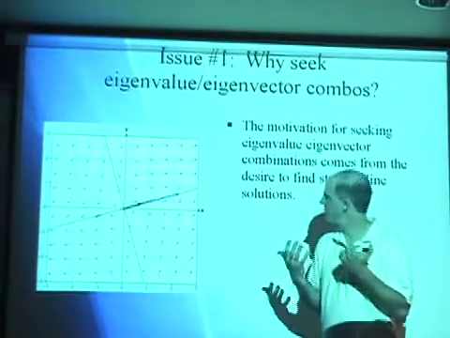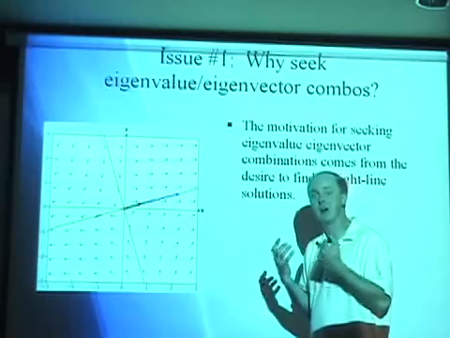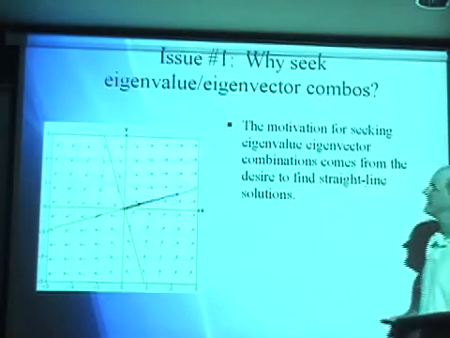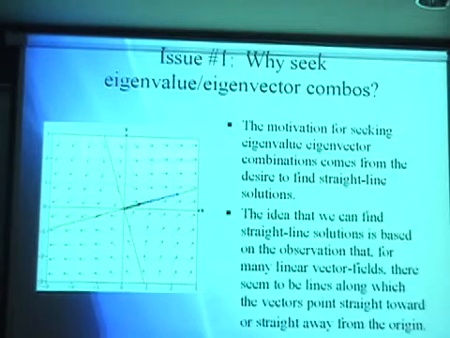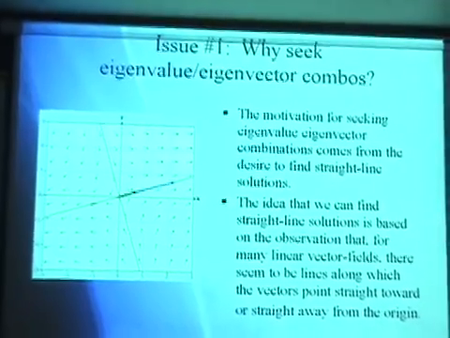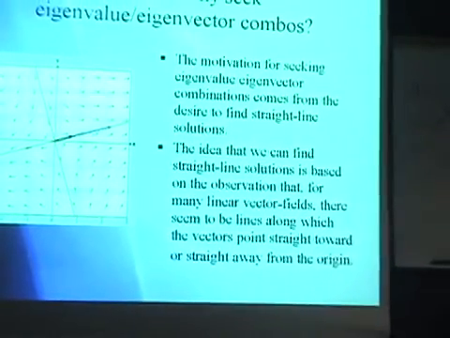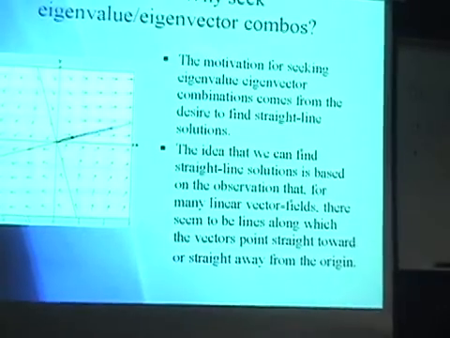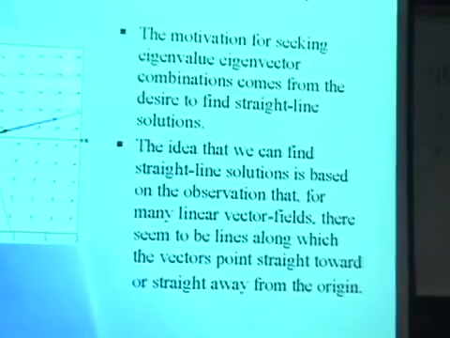And straight lines are good in math. Straight lines are simple compared to curves. That leads us to thinking that perhaps we can actually find formulas for those straight line solutions. The idea that we can find straight line solutions is based on this observation that for many linear vector fields, there seem to be lines along which the vectors point straight toward or straight away from the origin.